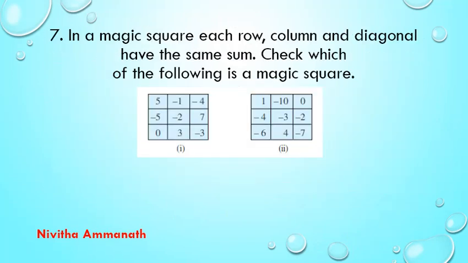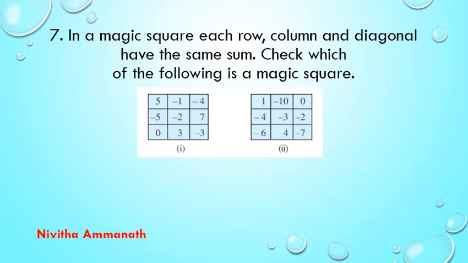In a magic square, each row, column and diagonal have the same sum. Check whether the following is a magic square. So first we have to consider this is a square, right?